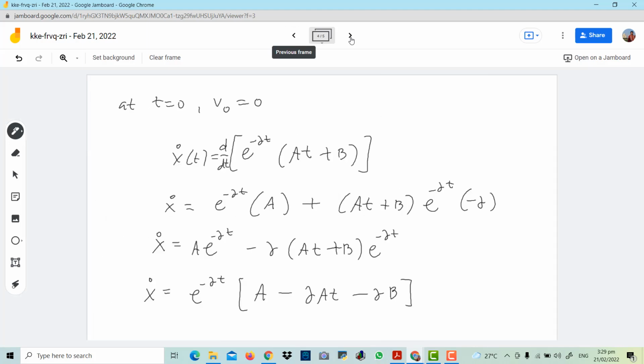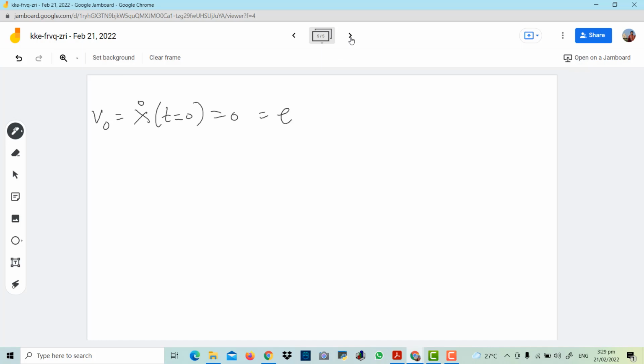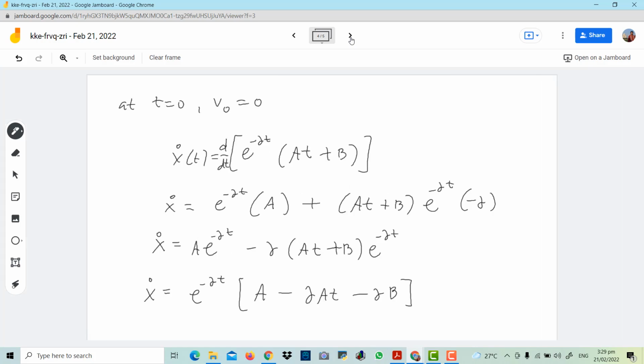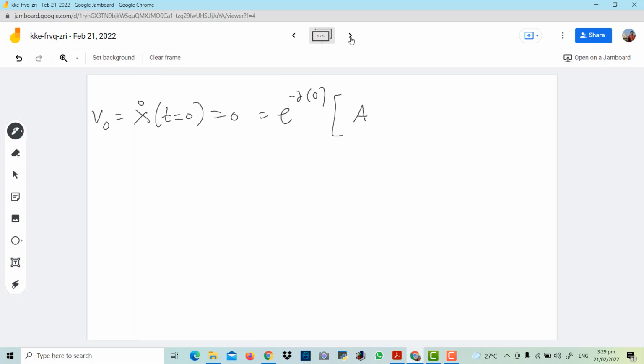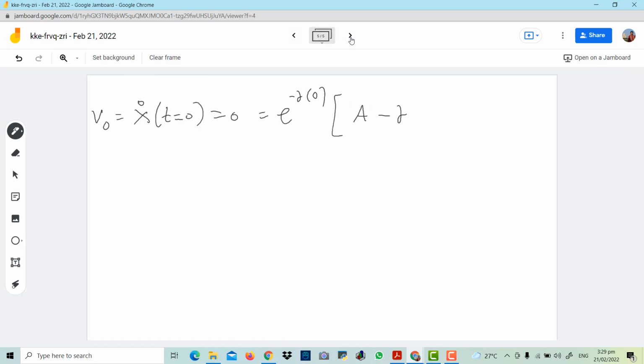So if I substitute time equal to 0, what will happen to this equation? This is e to the minus gamma times 0 times a minus gamma a times 0 minus gamma times b. Okay, so this is 0.